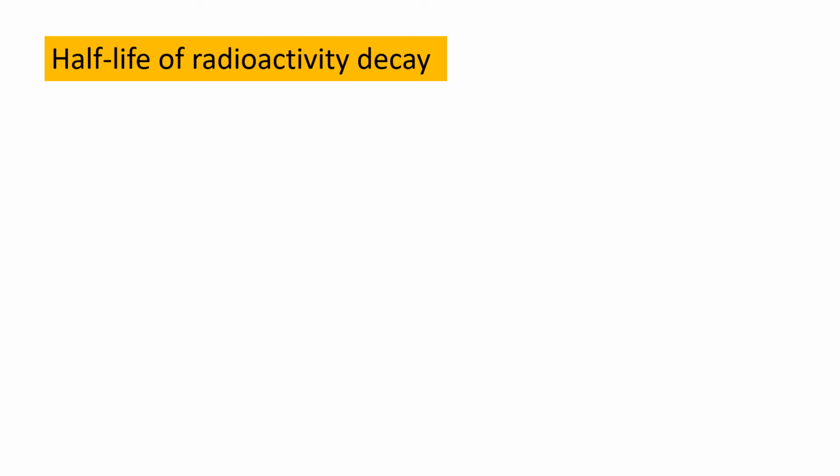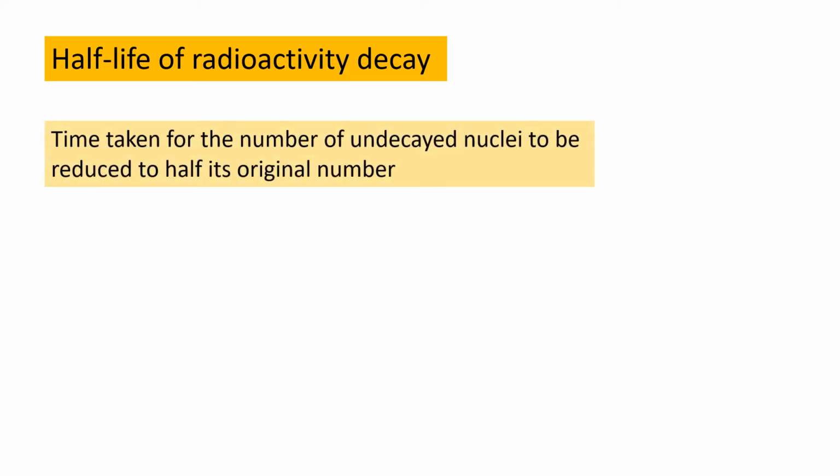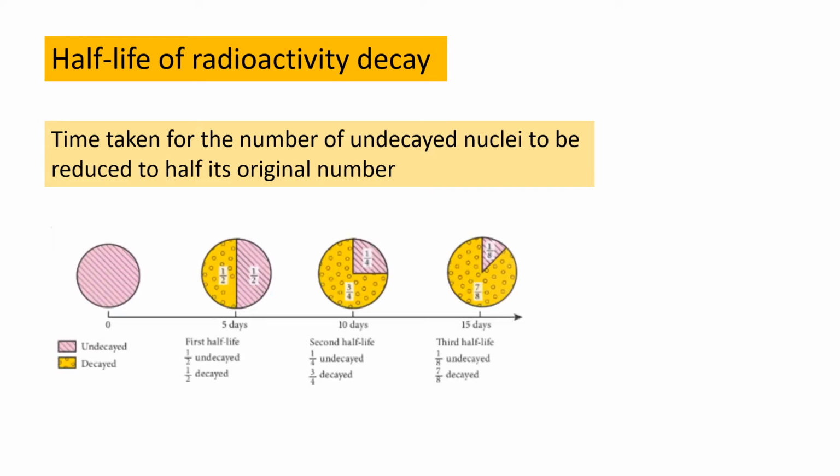To know about radioactivity, you need to first know about half-life. So what is half-life? Half-life is the time taken for the nuclei to decay to half of their original number. So let's say this is a uranium-238 particle. It decays to half its amount, and then decays half more.